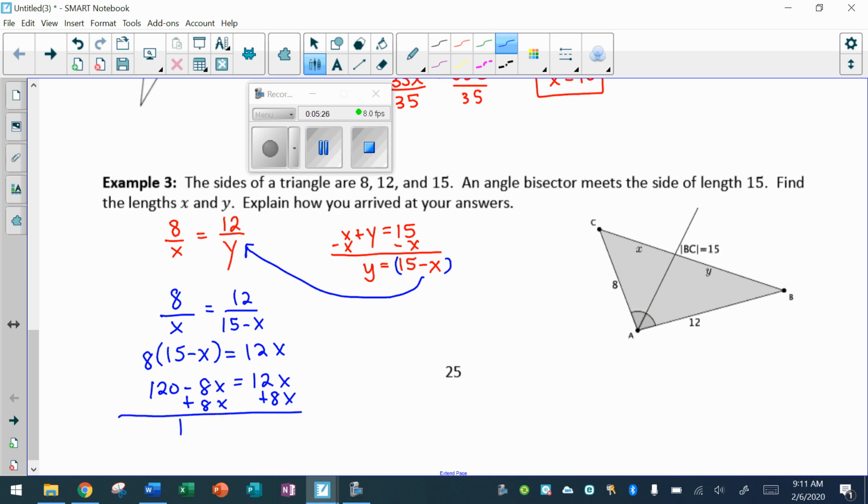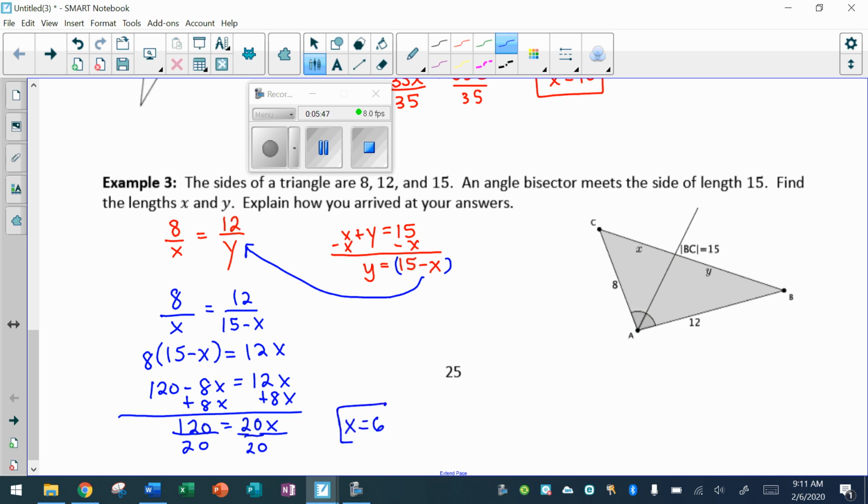And then I have 120 is equal to, oh, that's 20x. If I divide by 20, 120 divided by 20 gives me x equals 6.